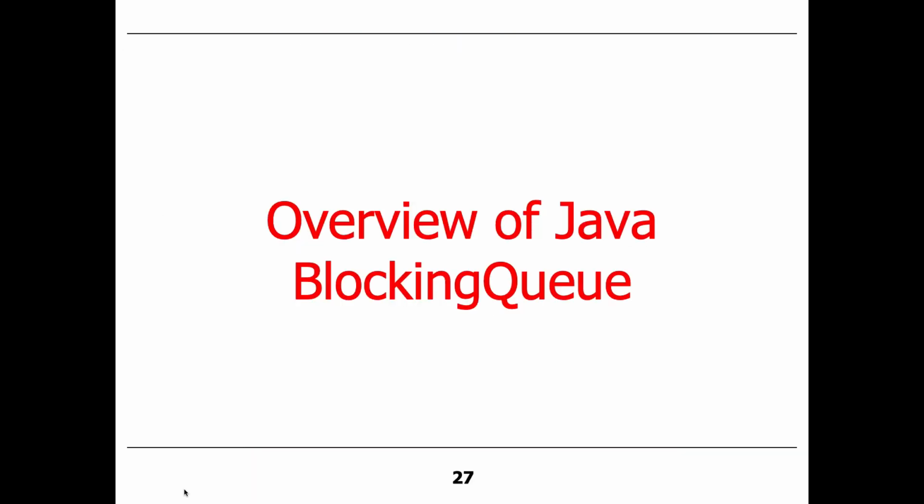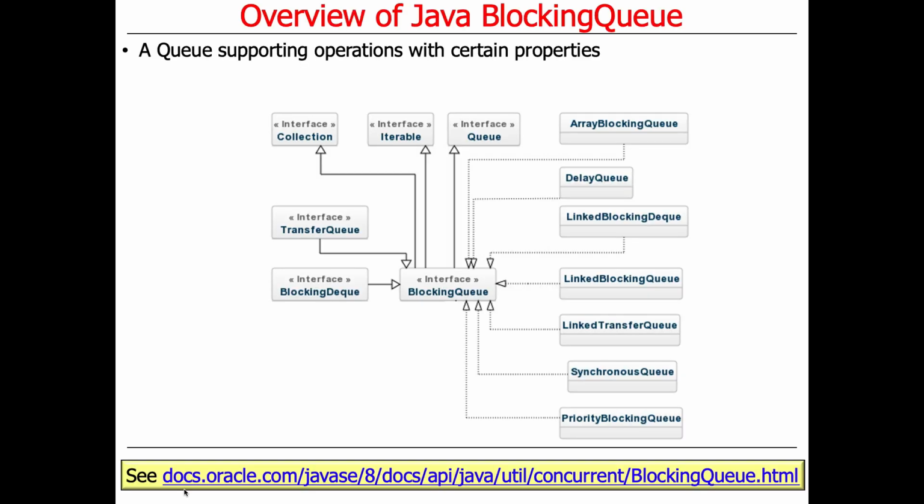All right, so that was concurrent hash map, and that's really what you need to know for assignment 3B, at least part of it. Let's talk briefly about blocking queues. A blocking queue is a queue that supports operations with certain properties. You can see the overall class relationships here. We've got BlockingQueue as an interface, which basically inherits from Collection, Iterable, and Queue, so it's got quite a number of methods in it.